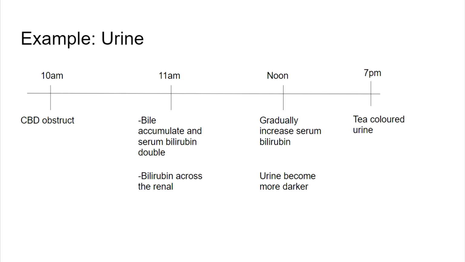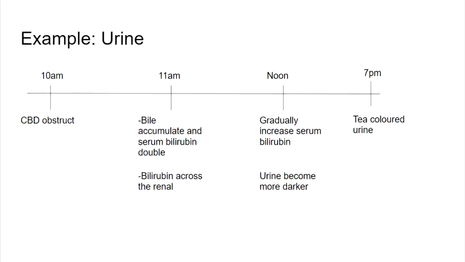This soluble bilirubin will leach across our renal glomerulus and into the urine, and eventually the bilirubin-rich urine will accumulate in the bladder. As the hours pass, more trapped bile will be upstream of the obstructing common bile duct stone. It will cause a gradual rise in serum conjugated bilirubin, and the urine will get increasingly darker.